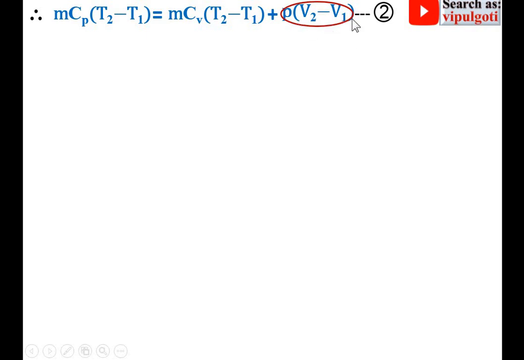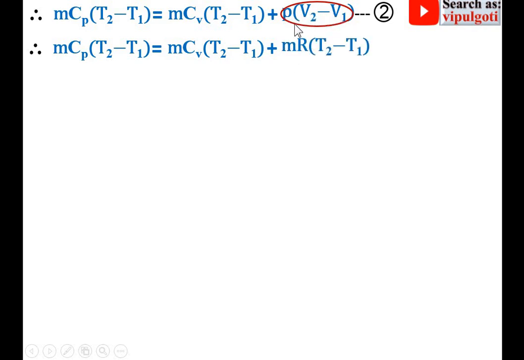We have already discussed equation number 2. Now look at the term P (V2 minus V1). You know that PV is equal to mRT, so PV2 is equal to mRT2 and PV1 is equal to mRT1. Putting these in, I get mR (T2 minus T1).